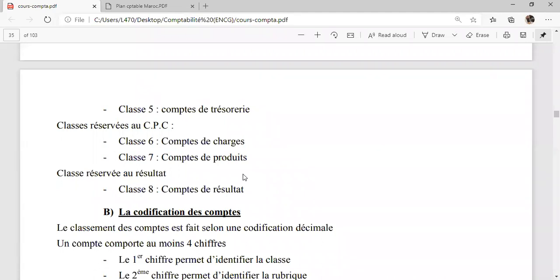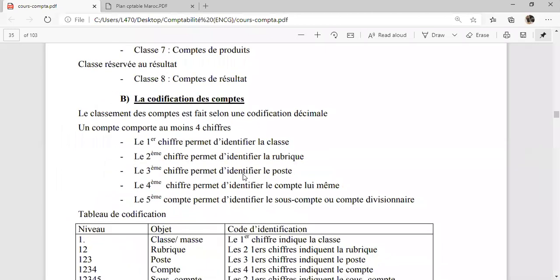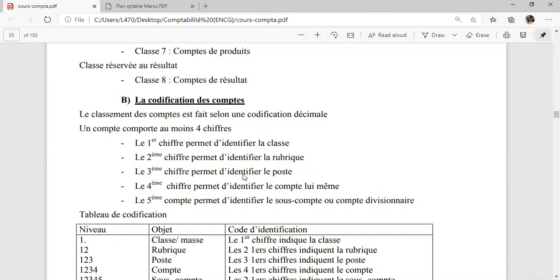Okay, so moving on to la codification now. Here we're strictly dealing with the plan comptable, the small red book. We have what we call codification des comptes. If you have the plan comptable, the small red book, I am referring you to page 4.